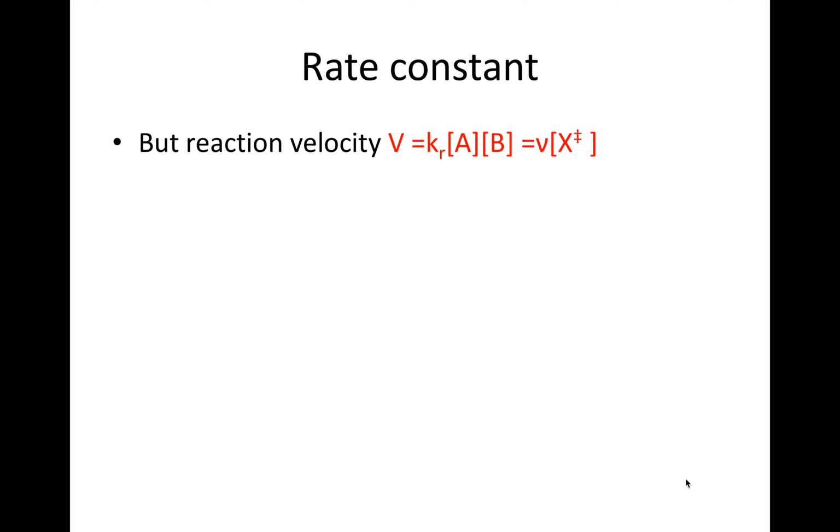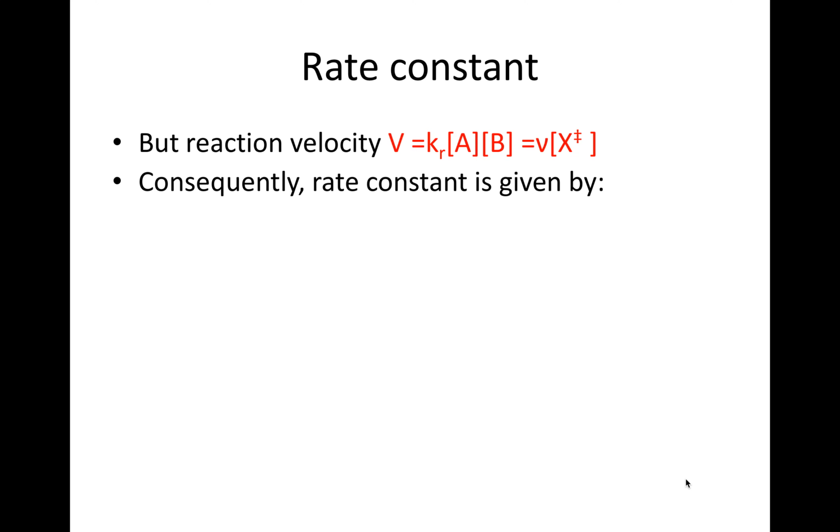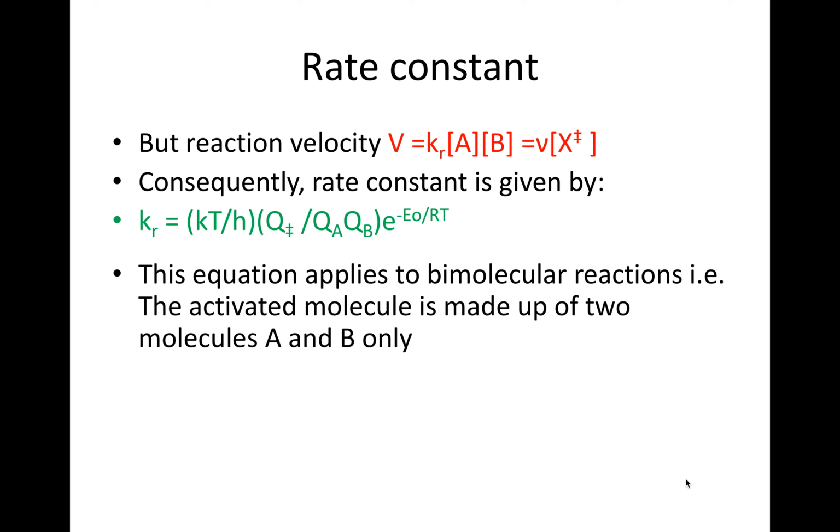But we are already aware that velocity of reaction, V, is equal to a rate constant Kr times the concentration of A times the concentration of B. And we know then this is equal to nu times the concentration of X double dagger. Consequently, the rate constant is given by Kr is equal to kT over h, Q double dagger over QA times QB, all into e to the minus E naught over RT.